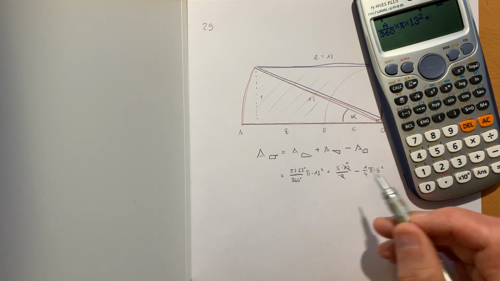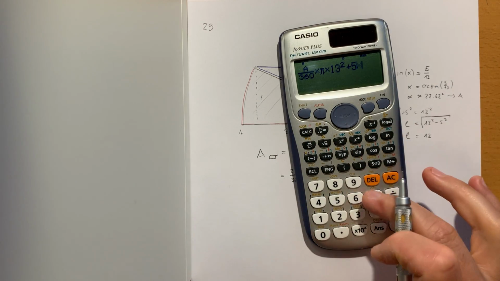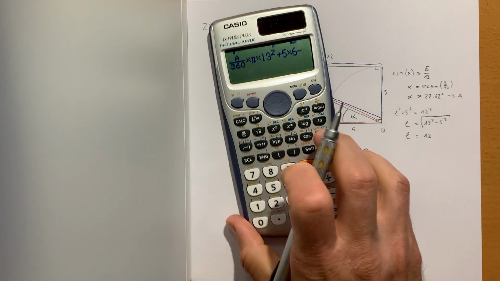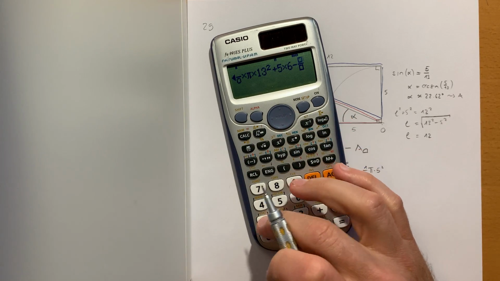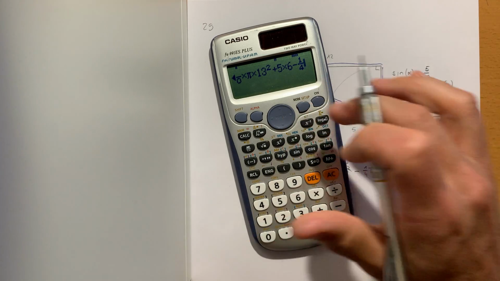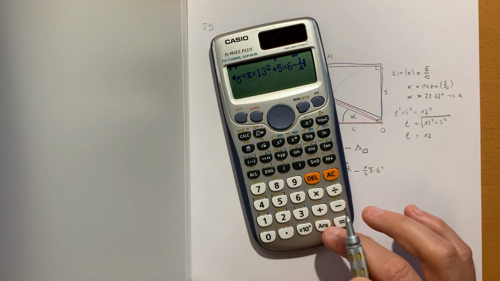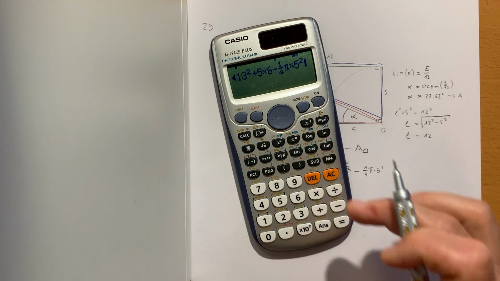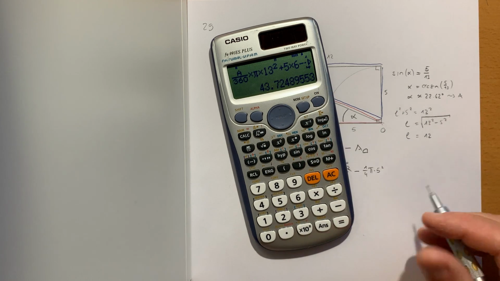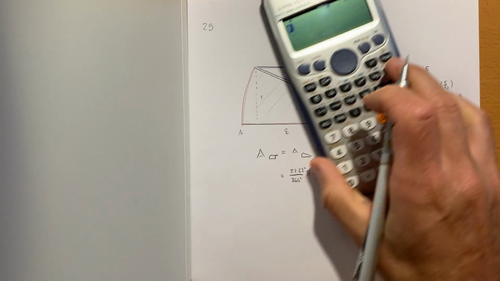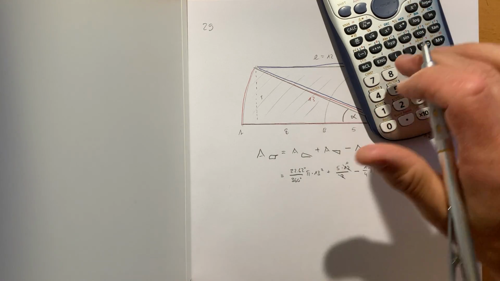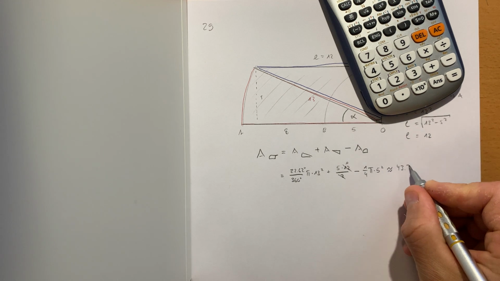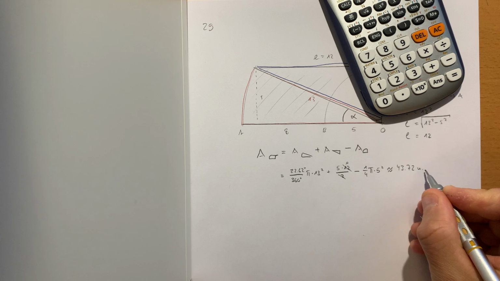So it's just 5 times 6, minus the quarter of a circle: 1/4 times pi times 5 squared, which is 25. Here we go. So the area is in fact 43.72 units of area.